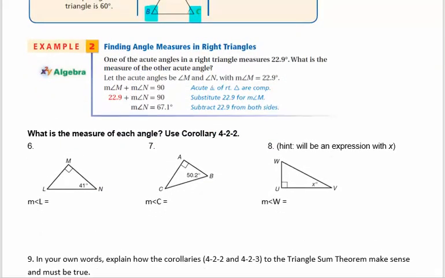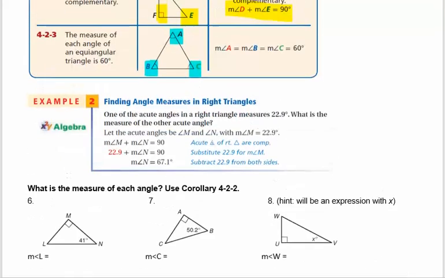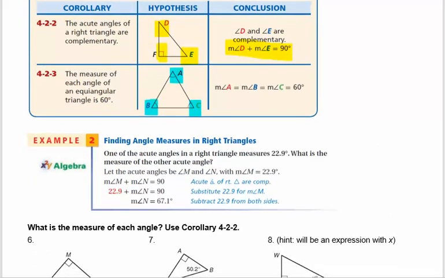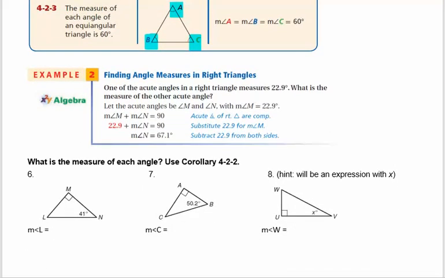So we're going to use the first corollary, 4.2.2, in order to solve for these missing angles. They're each right triangles. So we already used up 90 of the 180, and now you just need to find the other angle. We know that angle L plus angle N would equal 90, so you just need to find what's missing in each of these.